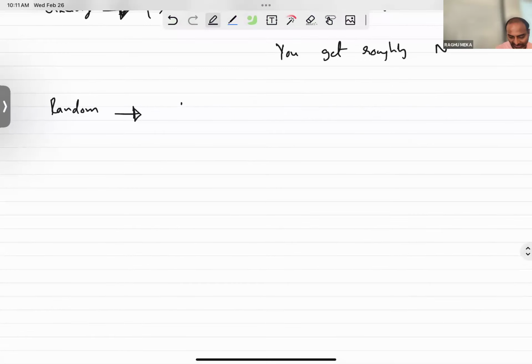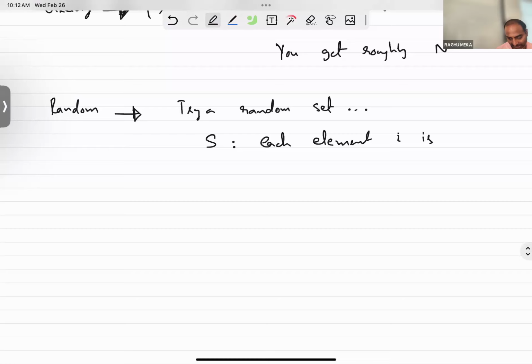If I try a random set, you can do a heuristic calculation. So random set meaning, let's say we pick S such that each element i is in S with probability p.